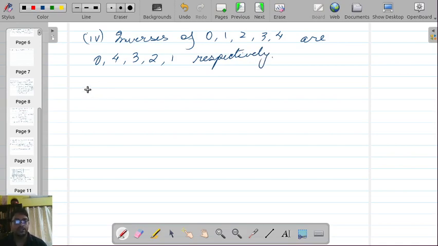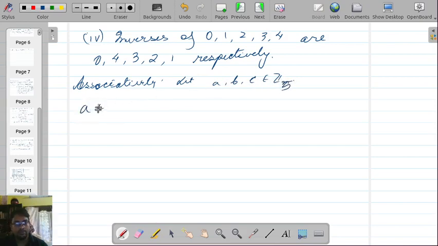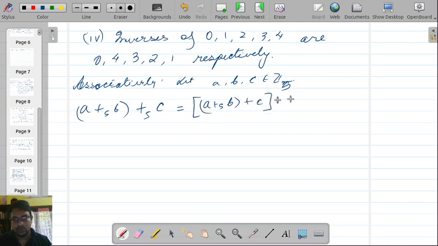The last thing that we need to verify is the associativity. So to verify associativity, let A, B, C belong to Z5. Then A plus B mod 5 plus C will be, just like we had verified, A plus B mod 5 plus C, whole thing taken mod 5.